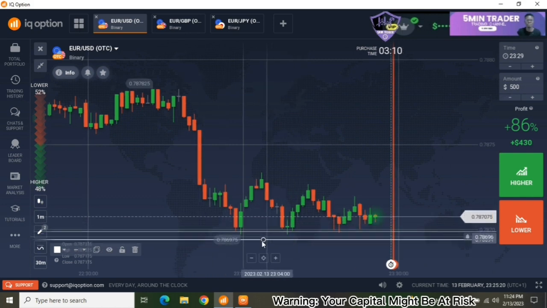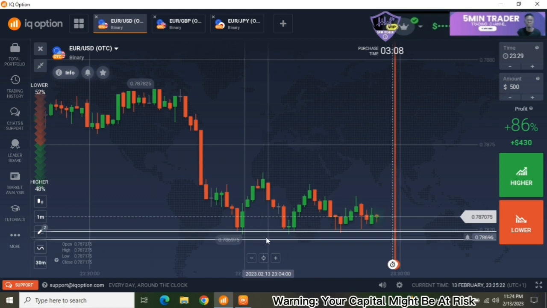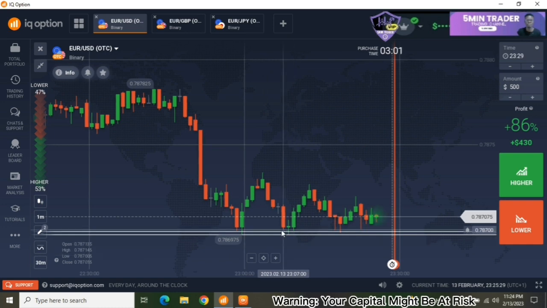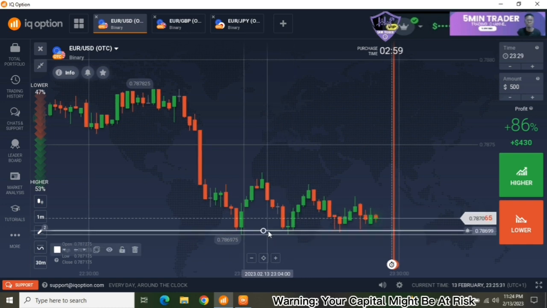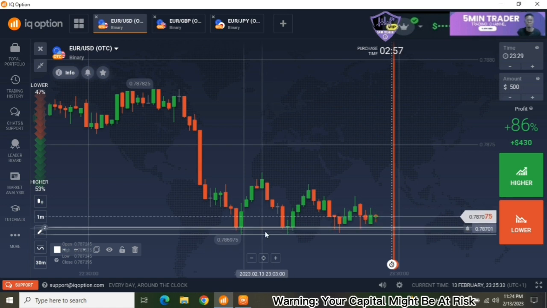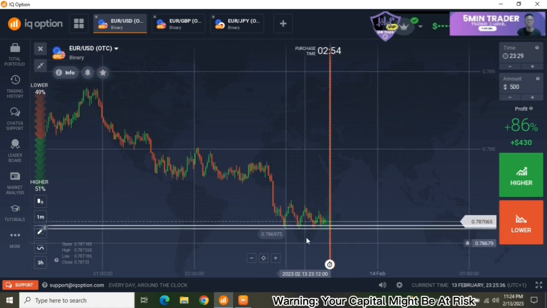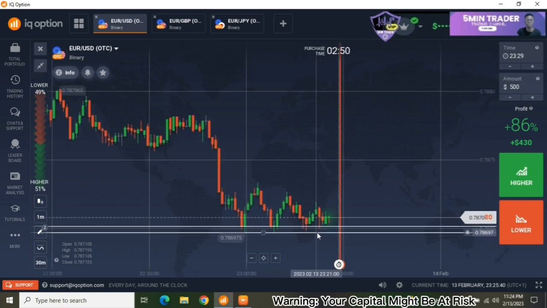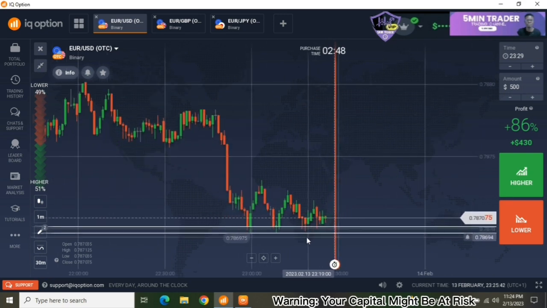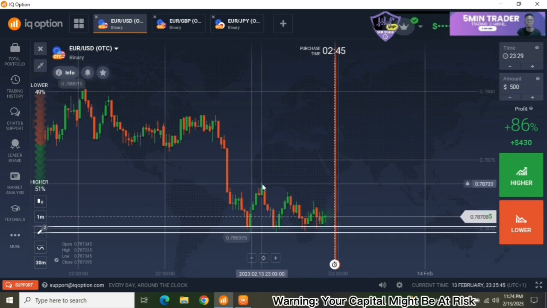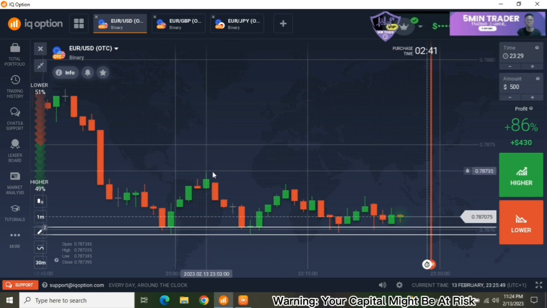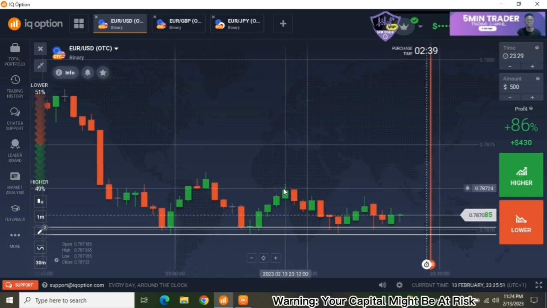I'll try to get a zone. Okay, this looks pretty good, but there is another pattern that the market is making. If you observe, you will see that the market has been creating lower highs.